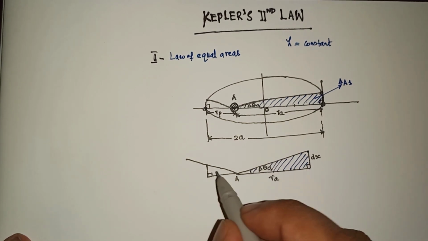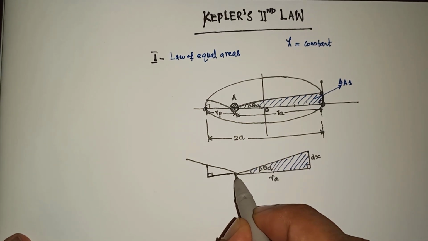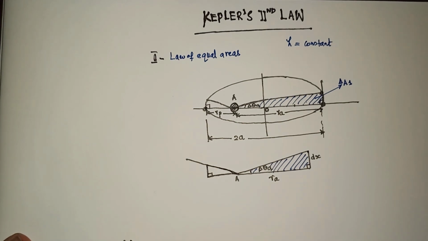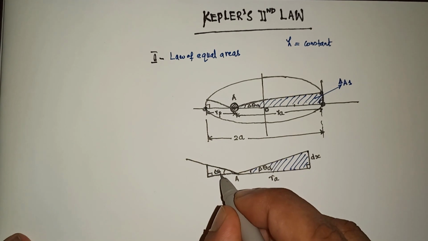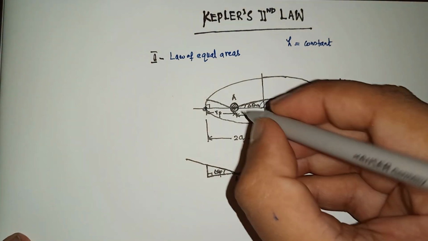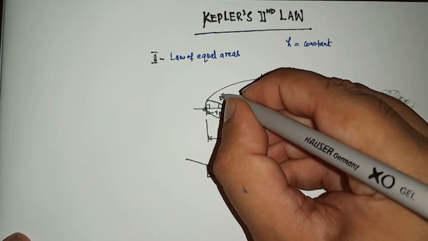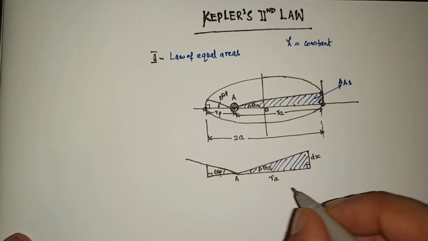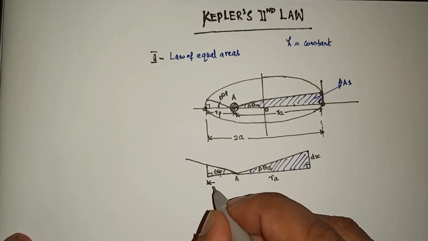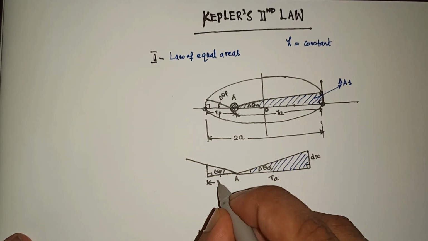We are dealing only with this curve. Now we have a small angle, let's say delta theta p. Here also we have delta theta p, this angle. Now this is the total perihelion distance, which is given by rp.